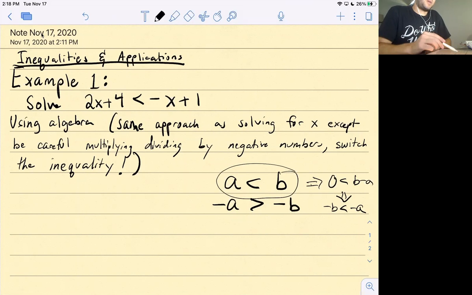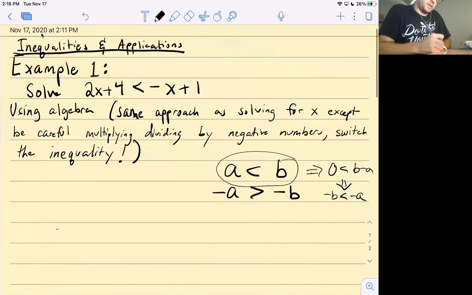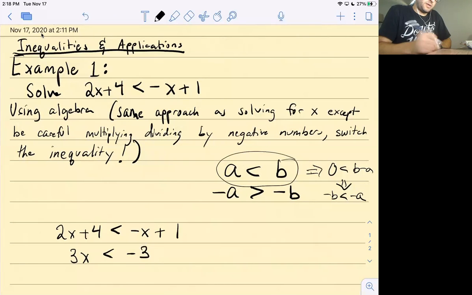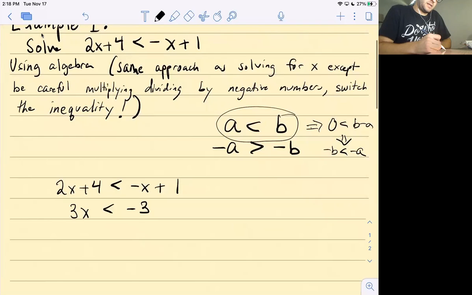So I would add x to both sides on this one. So, 2x plus 4 less than negative x plus 1. If I add x to both sides, I get 3x, and then I subtract the 4, so I get 3x less than negative 3, and then I divide by 3, I get x is less than negative 1.